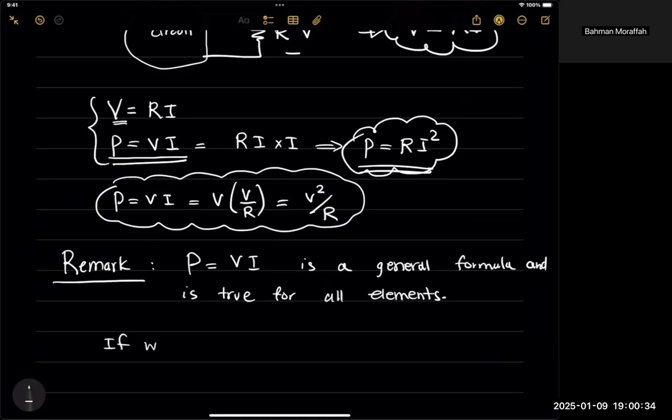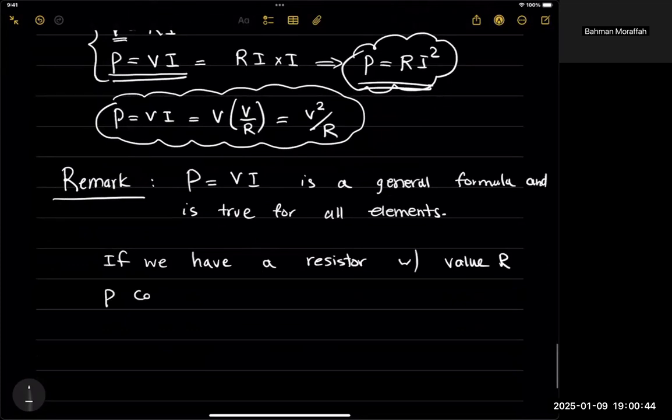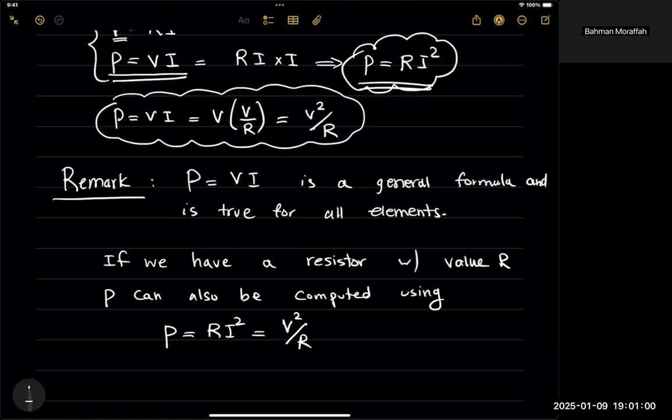If we have a resistor with value R, P can also be computed using P equals R I squared equals V squared over R, right? These two formulas are only true for a resistance, right?